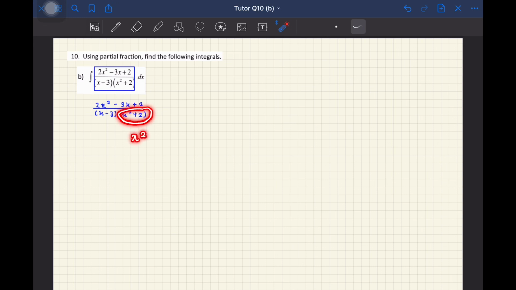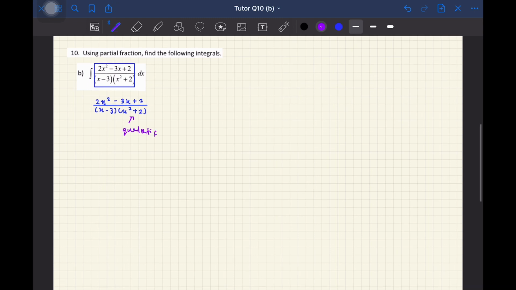Awak akan dapat x square sama dengan negatif 2, so dia tak boleh factorize. So maksudnya sekarang kita ada case yang mana quadratic cannot be factorized.